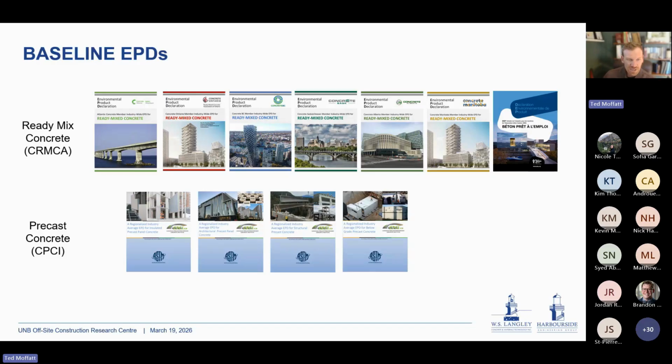Within each of these documents, there are baseline EPD values for 3 regions across the country: Western Canada, Central Canada, and Eastern Canada. So unlike the ready mix industry that has regional EPDs for 7 regions, here they have 4 distinct documents for various elements and then the regions within each of those documents.